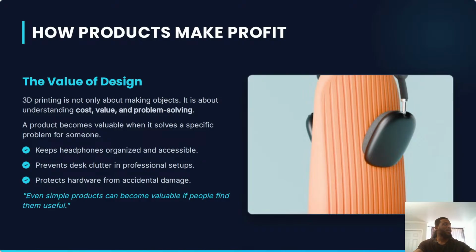And when I say creating value, you have to think of a problem. Look for a problem near you and think of a solution, and that's how you create value. So for example, if you look at this headphone stand, it's not just a piece of plastic. But why would anybody want to buy a headphone stand? It's because it solves a problem.